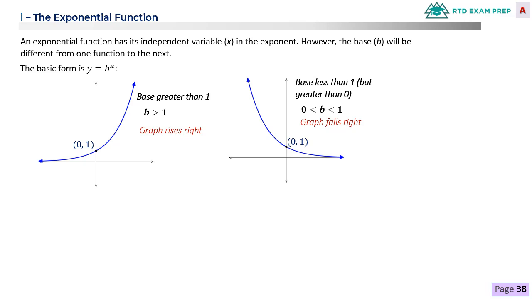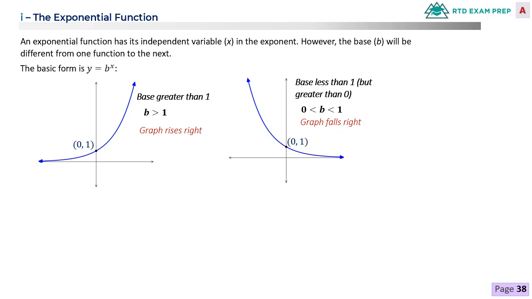However, we will often work with bases that are larger than 1 or less than 1, and to distinguish between these is really important. So if we're repeating a multiplication of a number that is larger than 1, then we are increasing the value of something each time. One way to think of this is that the value of 1 is equivalent to 100%. So to multiply something by more than 100% is to increase its value.